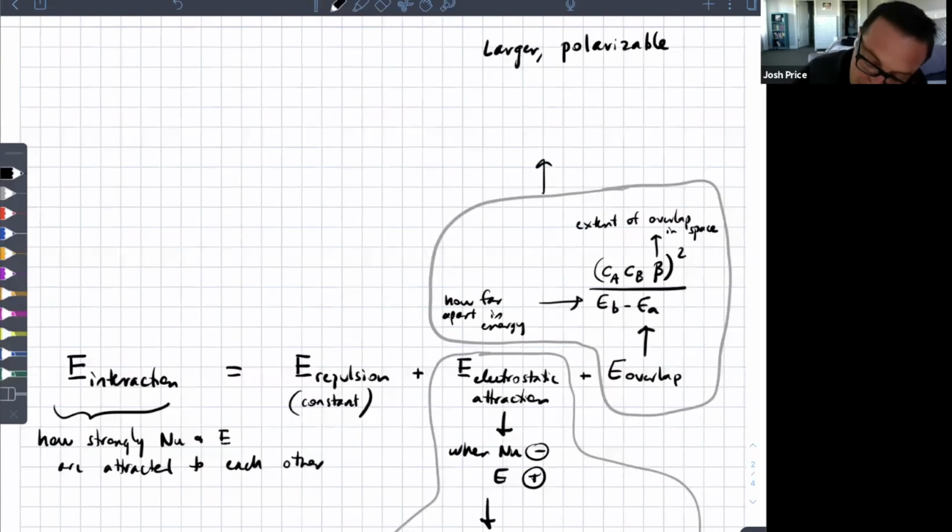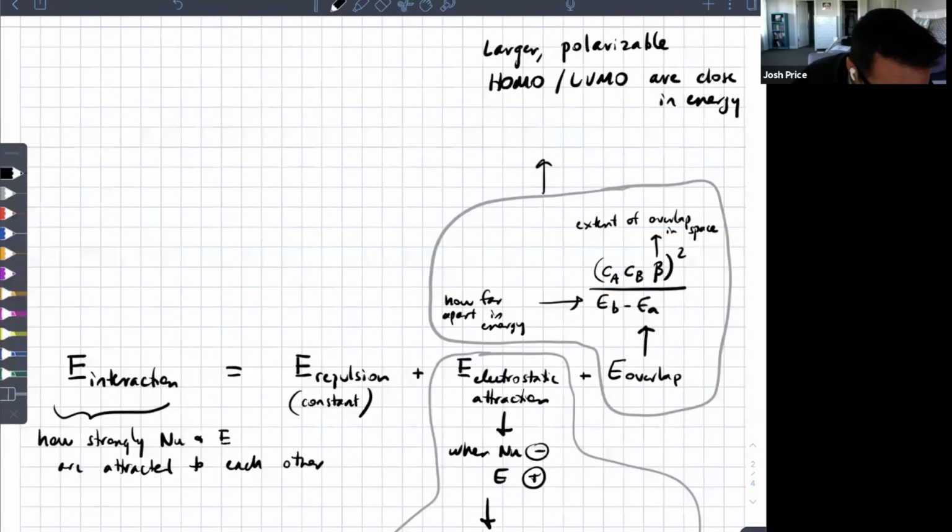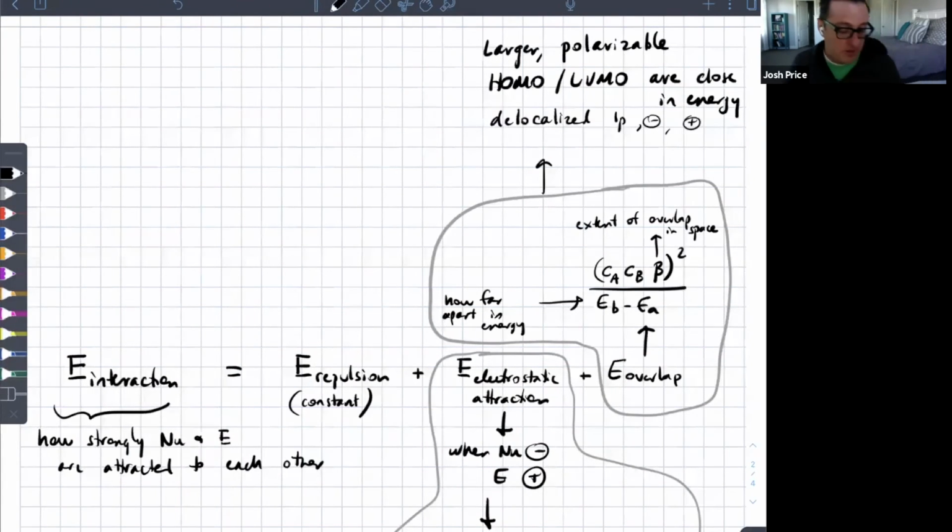Typically, in this category, the HOMO and the LUMO of the soft nucleophile and soft electrophile, respectively, are close in energy. Large soft electrophiles tend to have delocalized lone pairs or negative charge or positive charge, depending on whether you're talking about nucleophile versus electrophile.